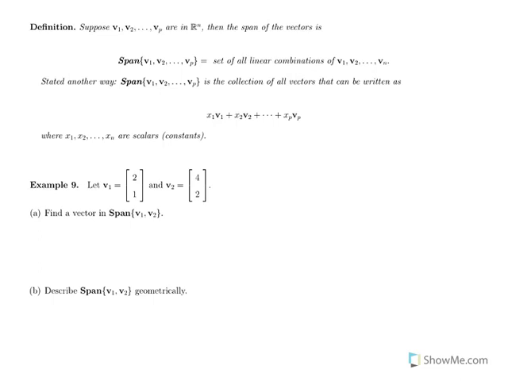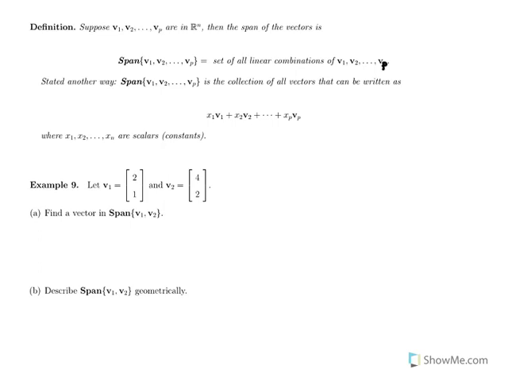So let's define span formally. Suppose we have p vectors, v1 to vp in Rn. Then the span of those vectors is going to be given by span of v1 to vp, and that is going to be the set of all linear combinations of v1 to vp.